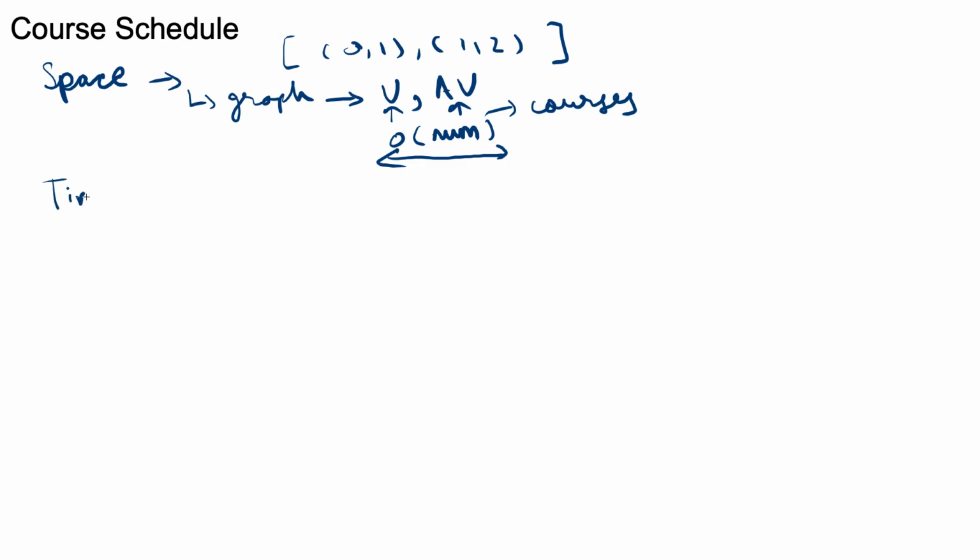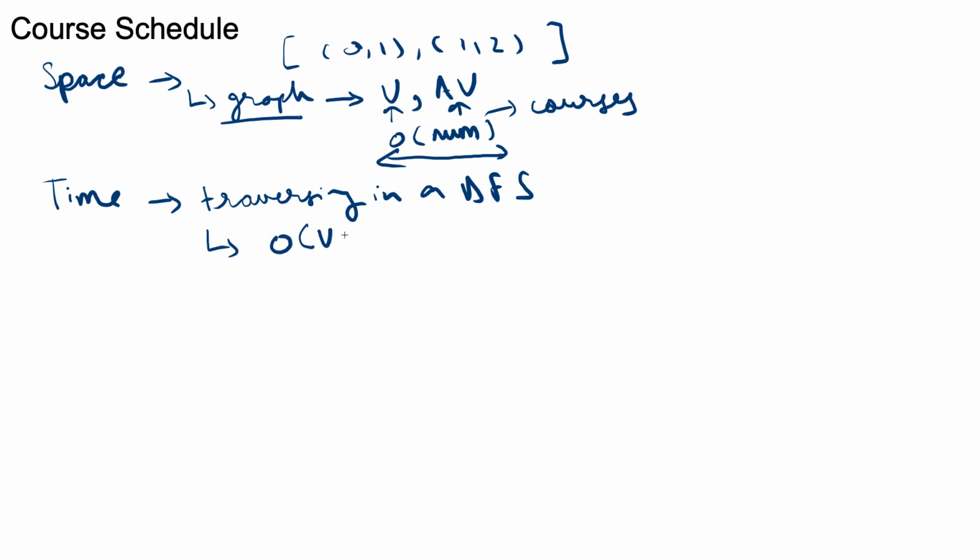And as far as time complexity is concerned, we are basically converting the prerequisites into a graph, and then we are traversing it in a DFS way. We are doing it twice, because once we are iterating the array and converting into a graph, and the other time we are traversing the graph. But for approximation we can say that it's the same as O of V plus E, where V is the number of vertices of your graph and E is the edges.